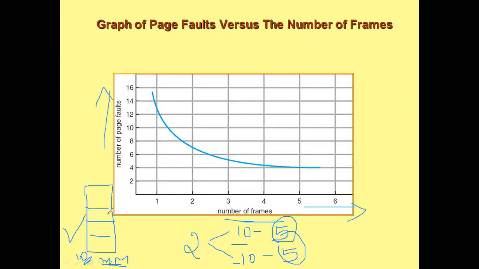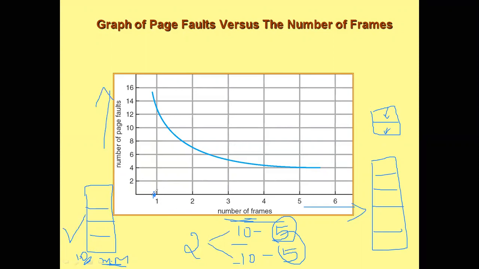The meaning is, if you increase the number of frames, then what happens is, see, for example, here the number of frames is less than 1. If you have only fewer frames, then the page faults are going to increase, because every time you have to select a victim page, right? You need to have a page replacement. If you have more frames, there is no necessity of choosing a victim page every now and then.